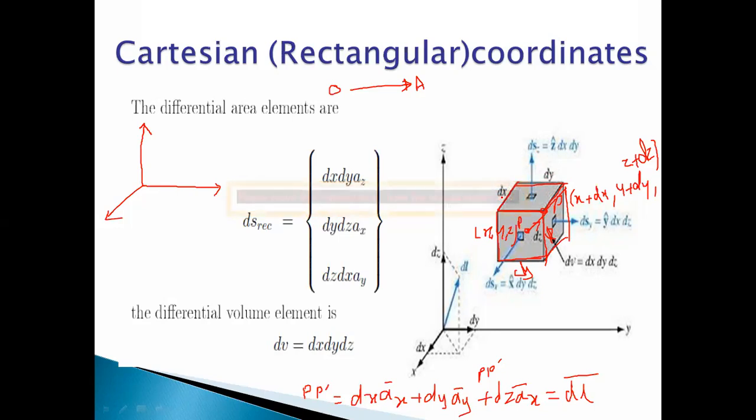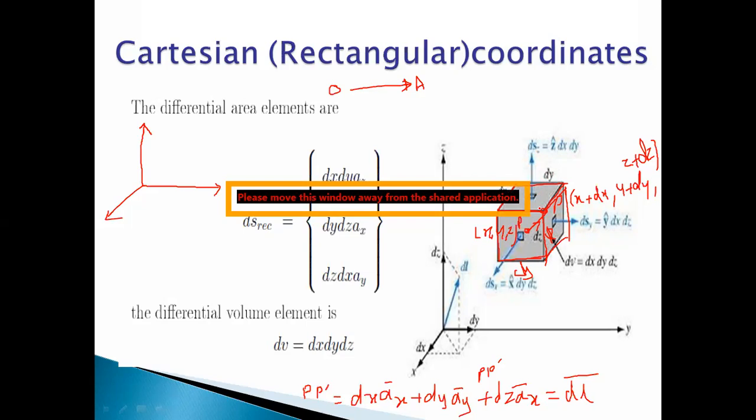Therefore, the differential surface here is dx dy. Now we'll see the summary of all this. Whatever you learned here is the summary of the Cartesian coordinate system.